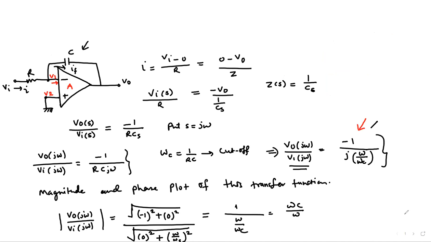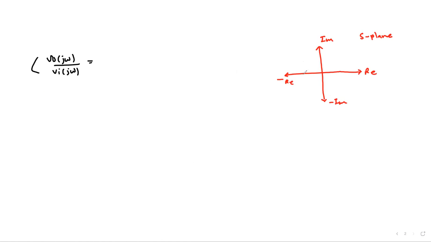If we look at this diagram here, this is called the real axis, this is the imaginary axis. It is the diagram of the S-plane. We have this minus imaginary axis, and this is the minus real part. So in the numerator we have -1, somewhere here is the -1. So we say that's the zero.